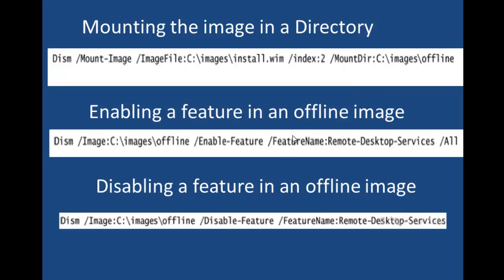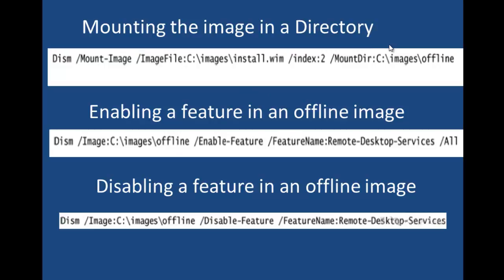And now you are able to either disable or enable a feature in the image. For example, if I wanted to enable the Remote Desktop feature, the command that I would use is dism /image:C:\images\offline, and this is the path of the folder that you had mounted. That's where you mounted it, if you remember.